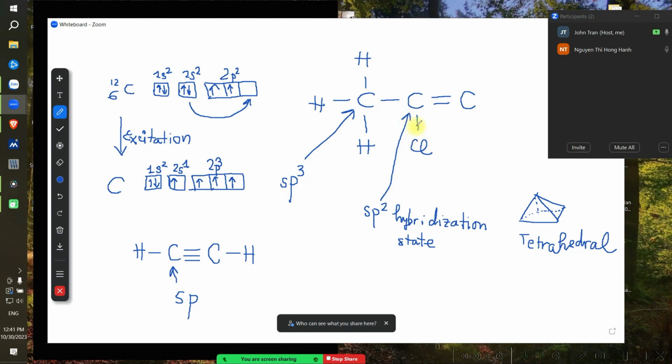sp2 is on the same plane and it forms a triangle. Nó nằm trong một mặt phẳng luôn và ba góc thì nó sẽ tạo một tam giác đều. It will form like, what is it called? Triangular planar. Triangular là ba góc.